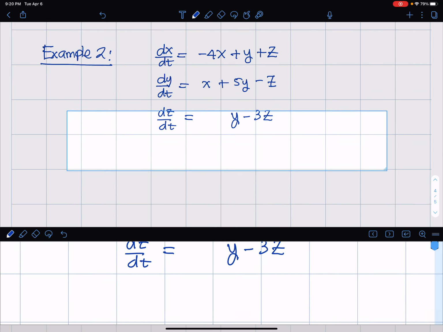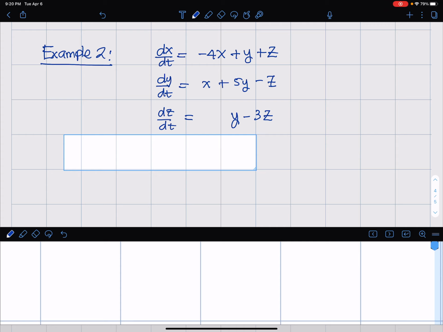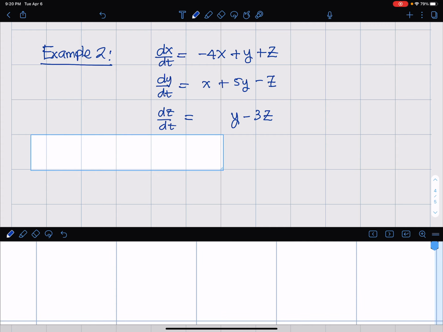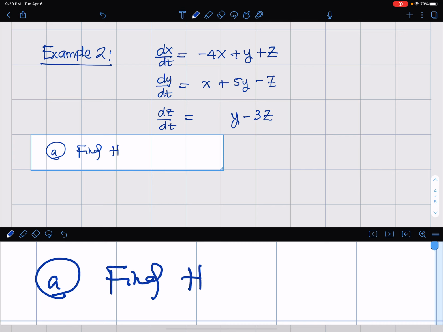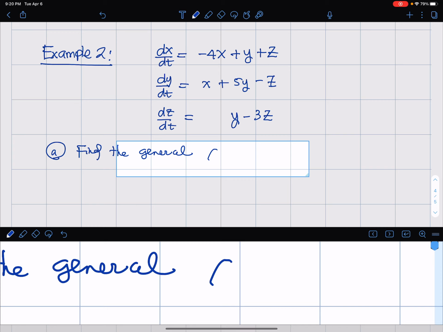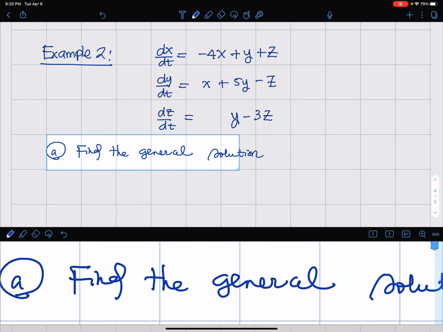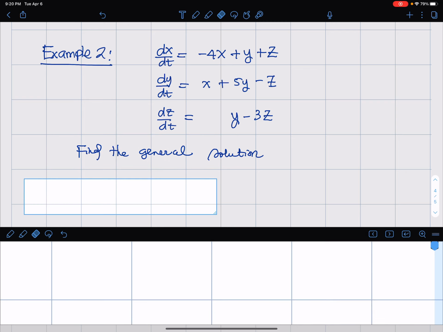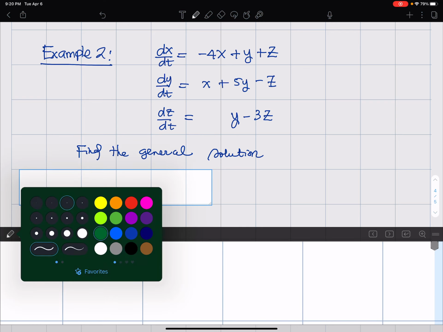This is a little different. I want you, part A, to find the general solution. Just the general solution is fine.